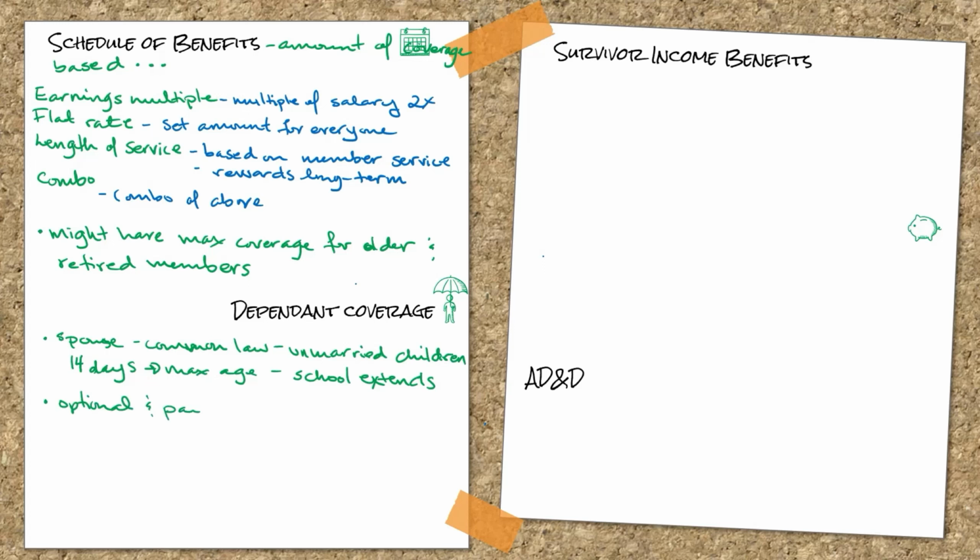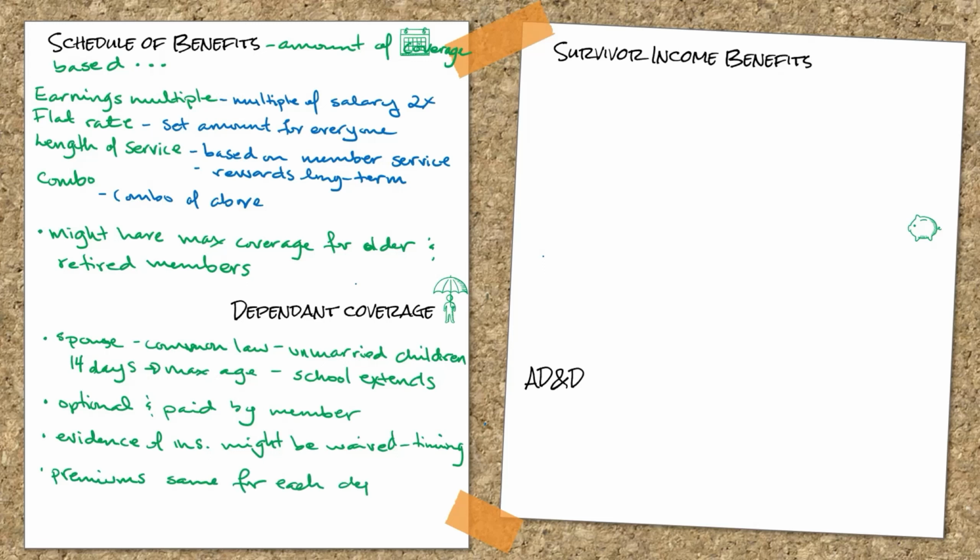You do need to add your dependents within a certain period of joining in order for the evidence of insurability to be waived. It is completely up to the insurer, so it's possible they might still require evidence of insurability. They might not, based on the time frame that the members' dependents are joining. And the premium does remain the same for each dependent.